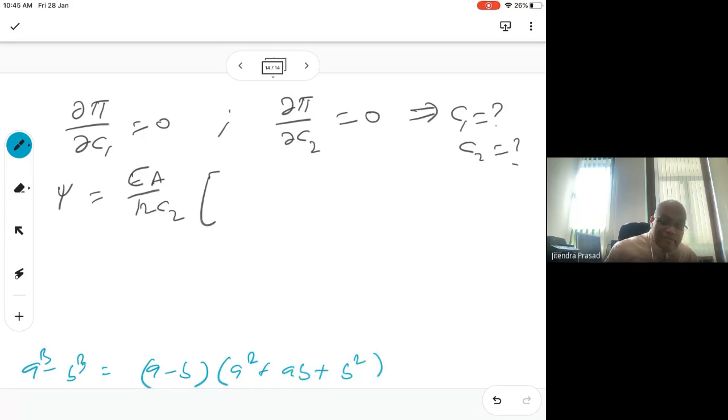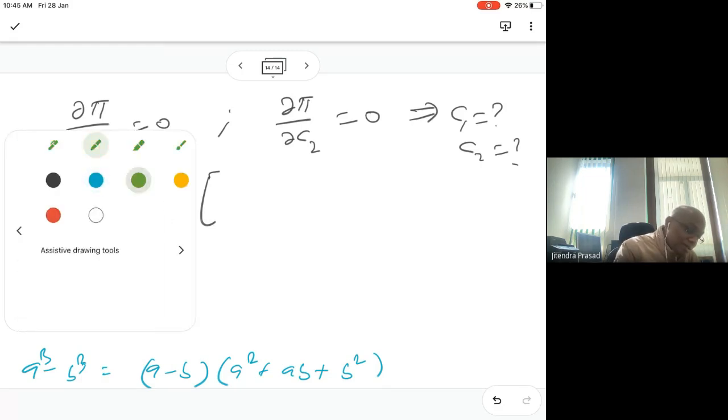Do you agree? Is this the equation? Anybody remembers? Yes or no, guys? No idea? Okay. This should be what I remember from my high school. So please verify. If not, you can also solve here basically.